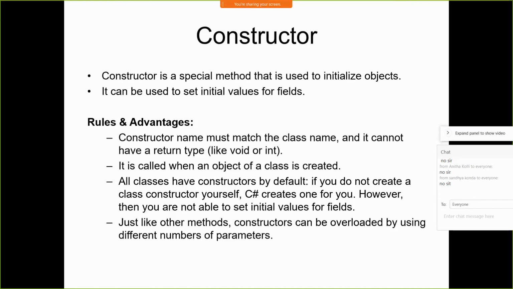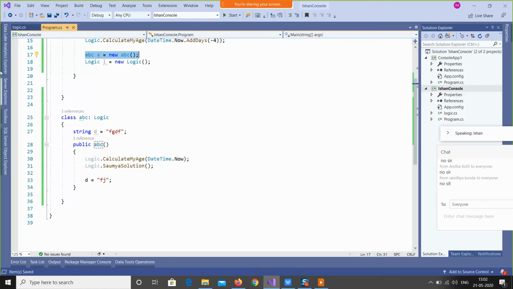Then all classes have a constructor by default, as I told earlier, that there is a default constructor whether you create it or not. But if you don't create any constructor, then you are not allowed to set a value to your members. As I have shown, suppose here I have changed the value of d.